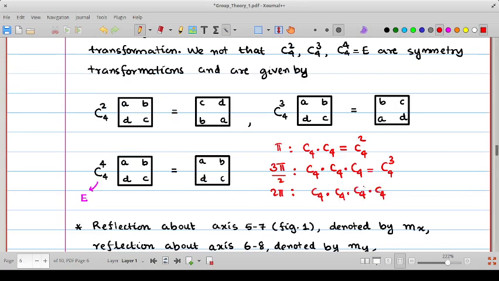There's a pi by 2 rotation, pi by 2 rotation, pi by 2 rotation, and pi by 2 rotation. So together it becomes a 2 pi radian rotation, which we denote as C4 to the power 4. But we have already seen that C4 to the power 4, which is a rotation by 2 pi radians, is the identity under this composition. It is the identity transformation.